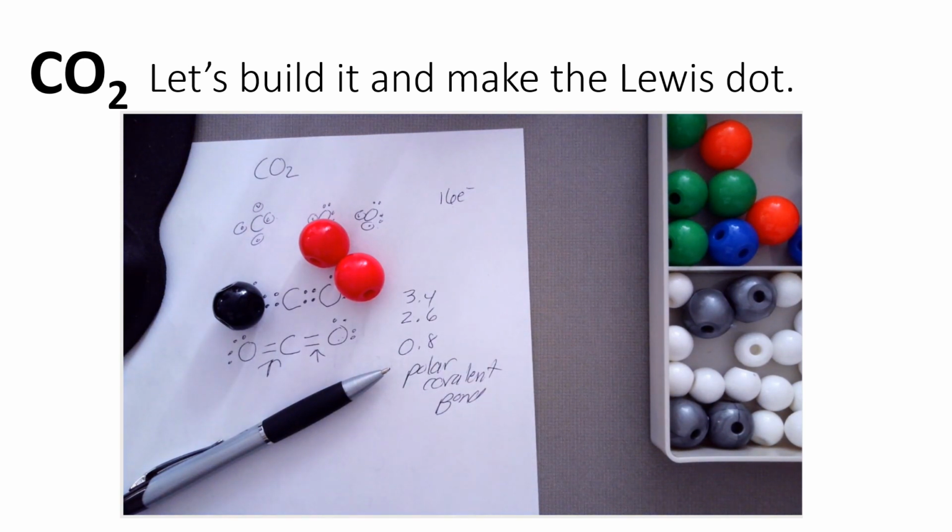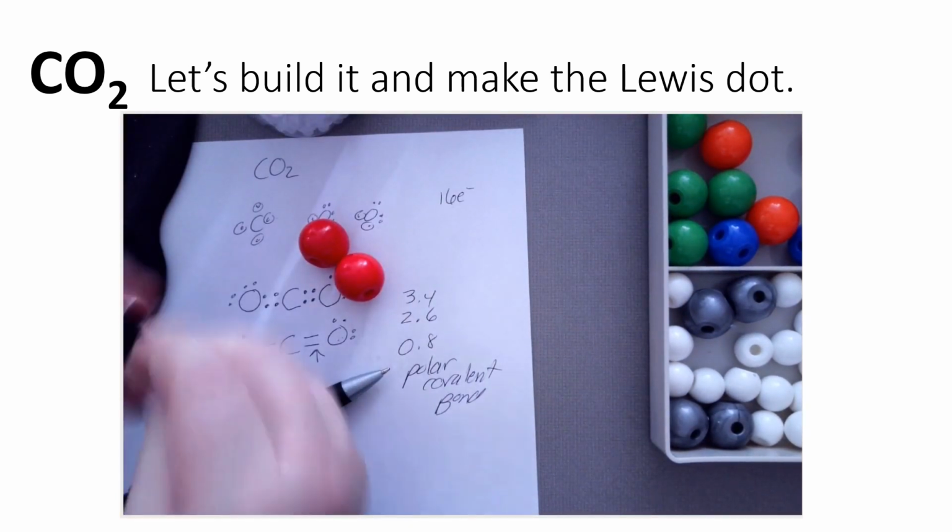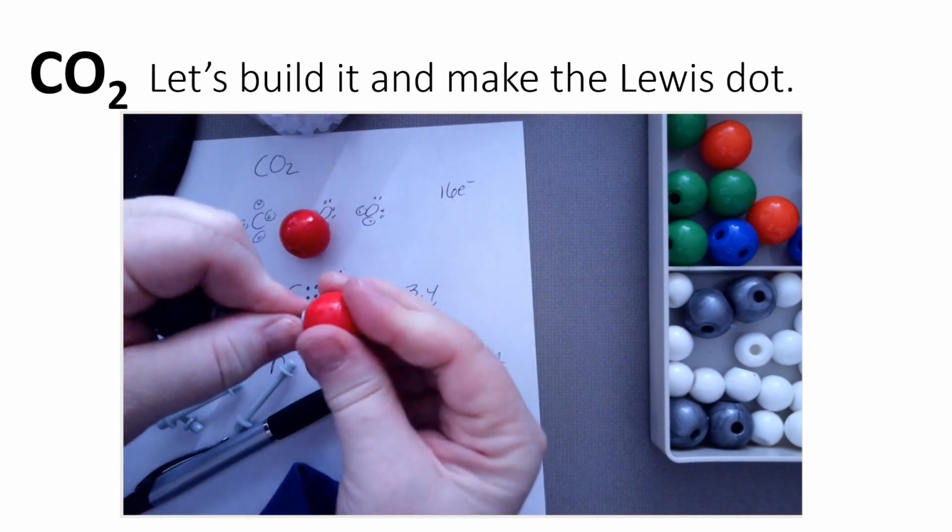so I need to get the big ones because I have to allow them to bend. Okay, so I need the bigger ones. And I'm trying not to take apart the ones I had already because I want to show everything that I have so far. Okay, perfect. I have enough. Okay. So I'm going to take a carbon and connect it to an oxygen.